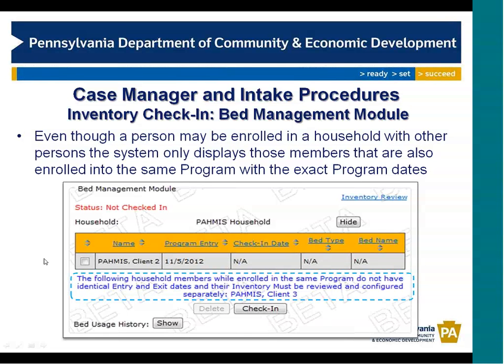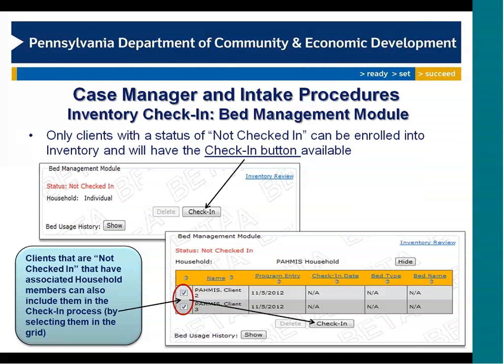If you have other household members in the program but the dates don't match, you'll see a little message saying you have other household clients, but they need their inventory done separately. The reason we did this is because of the whole multiple stays, where people can be enrolled in multiple programs. Unless the stay dates are exactly the same, when we do inventory functions we have to know which record to attach it to, and unless they're exactly the same, it could be a previous stay or a stay two stays ago. We didn't want to switch up inventory with different program stays.